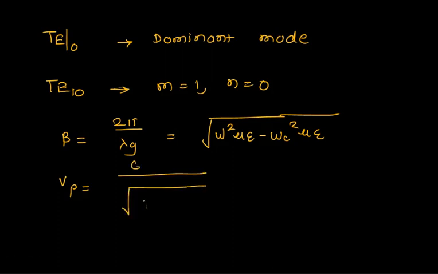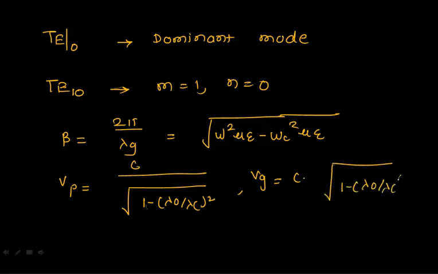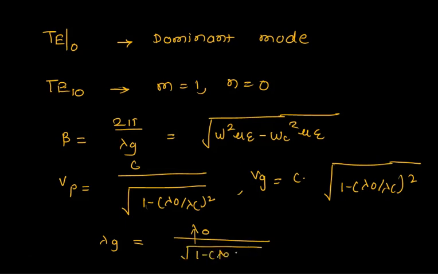Phase velocity will be c divided by the square root of 1 minus lambda 0 by lambda c whole square, and the group velocity is c multiplied with the square root of 1 minus lambda 0 by lambda c whole square. And we have seen another relation previously, that lambda g is nothing but lambda 0 divided by the square root of 1 minus lambda 0 by lambda c whole square. So this is just the revision which we have seen for TM. This is true for the TE wave also.